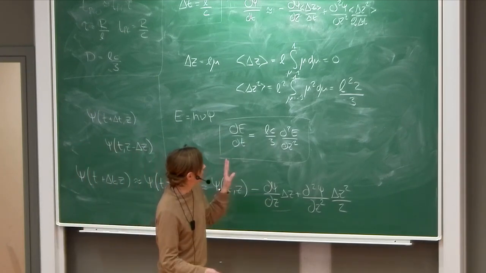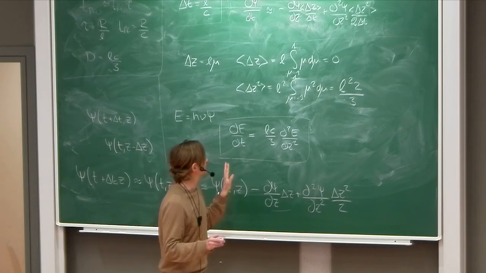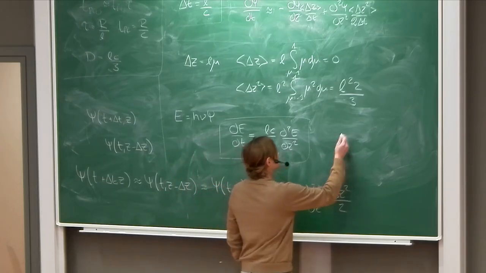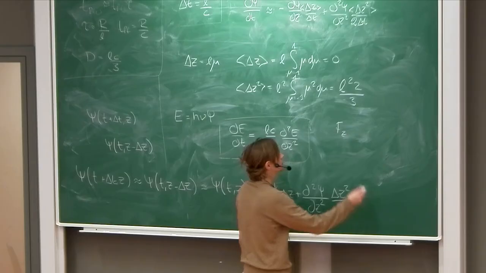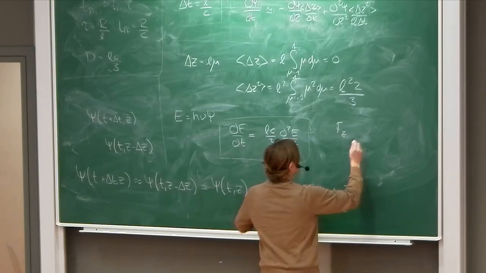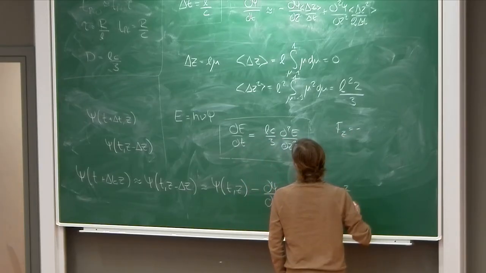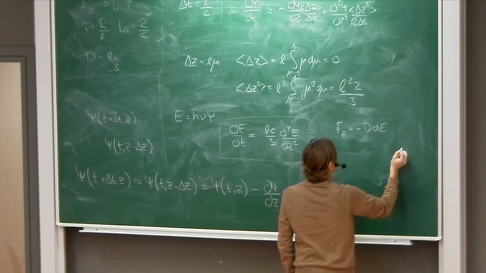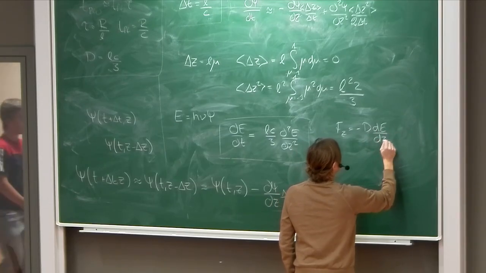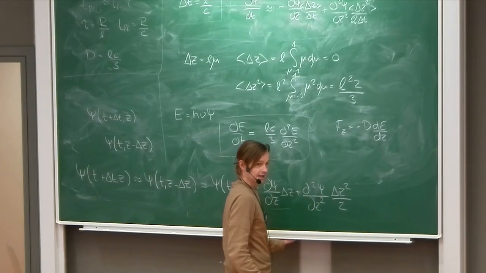And then we saw, remember that we had previously that the flux in the c direction was negative diffusion coefficient times dE/dc, right?